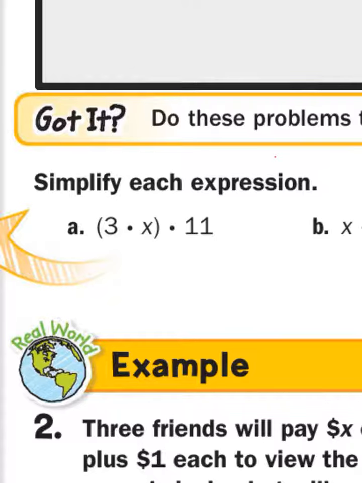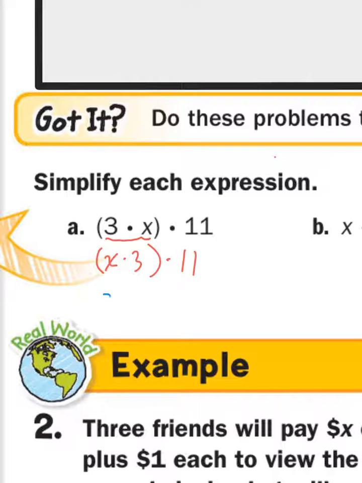In A, and do this with me, by the way, I'm first going to use the commutative property to switch the order of the 3 and the x. So I'm going to rewrite it as x times 3 times 11. Then I'm going to use the associative property, which means I can group the numbers however I want.